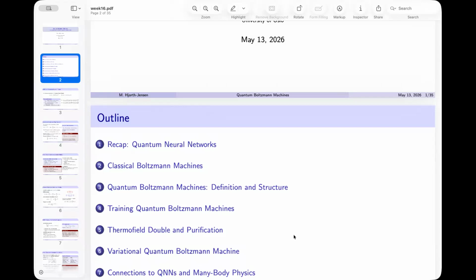Now, today's lecture is going to be, since we did not discuss codes last week and the week before, the idea now is to focus a little bit on the quantum neural networks and how we implement them.